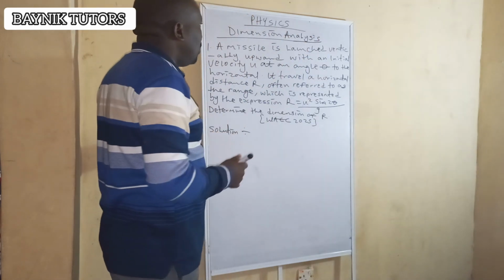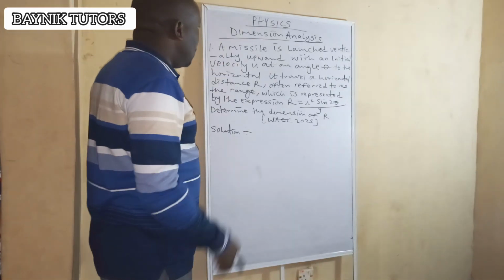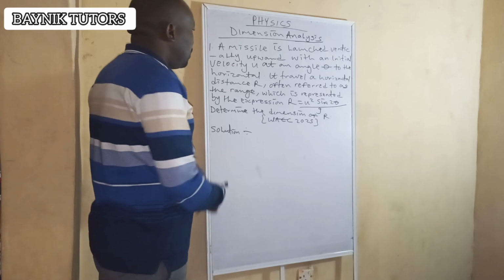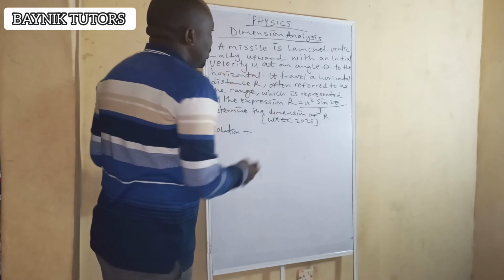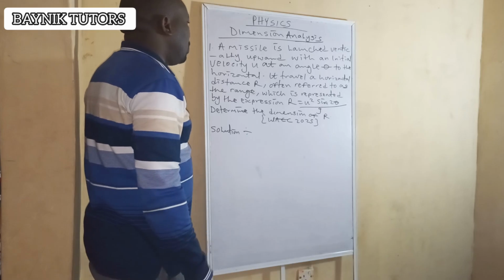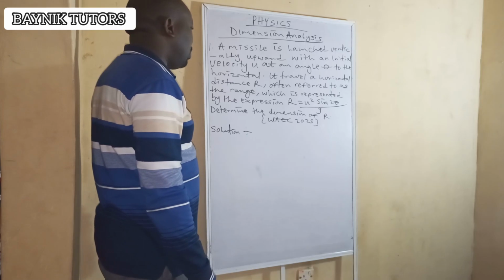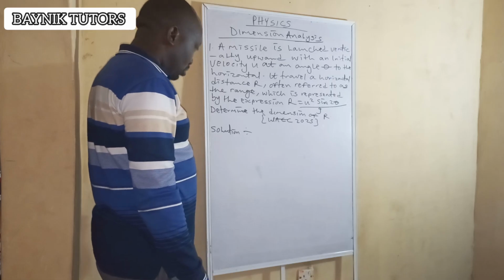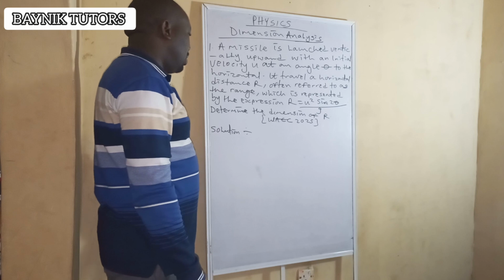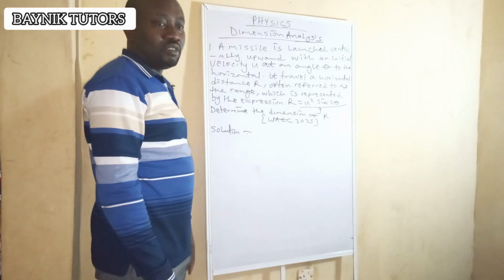A missile is launched vertically upward with an initial velocity u at an angle theta to the horizontal, which traveled a horizontal distance r, often referred to as the range, represented by the expression r is equal to u squared sine 2 theta over g. If r is equal to u squared sine 2 theta over g, determine the dimension of r. So we want to look for the dimension of the range here.